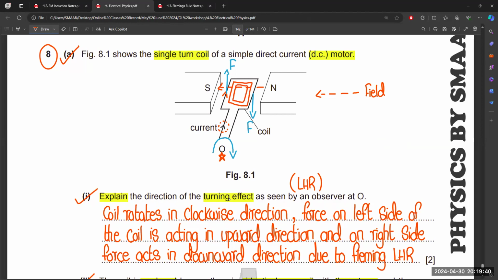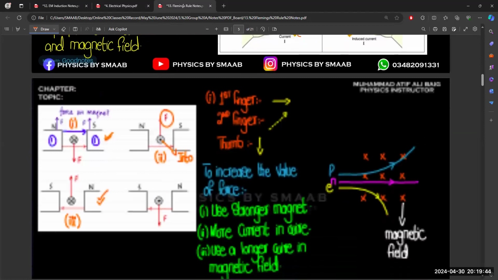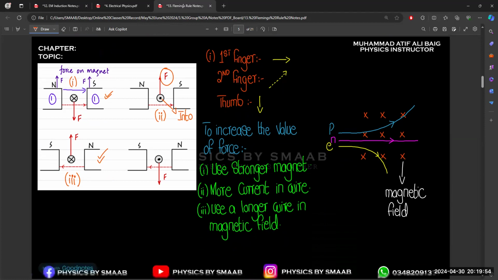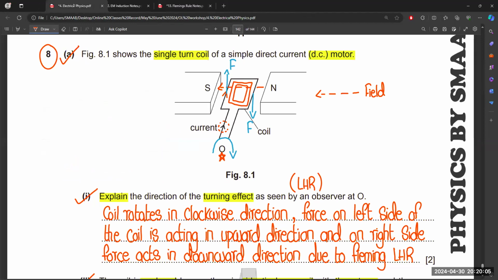So there are three turns, and we know that if we increase the number of turns, that will also increase the force. You can see, to increase the value of force, use a stronger magnet, more current in wire, a longer wire, or more turns in a coil. So if we are using more turns in a coil, that will increase the value of force. It means the rotation will be increased as compared to the first part, right?